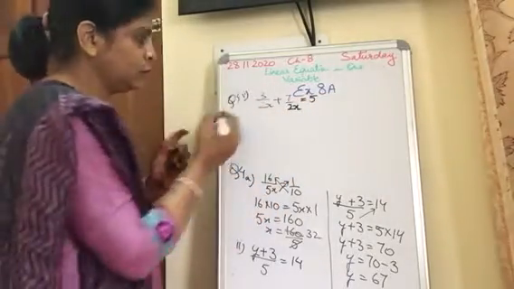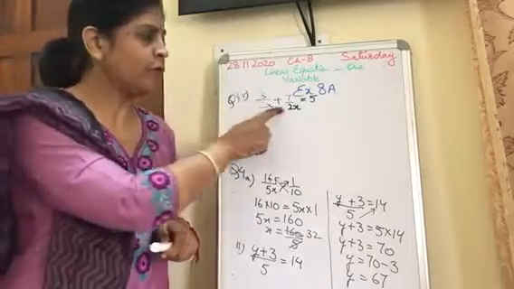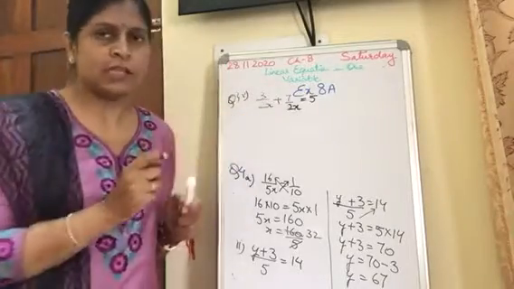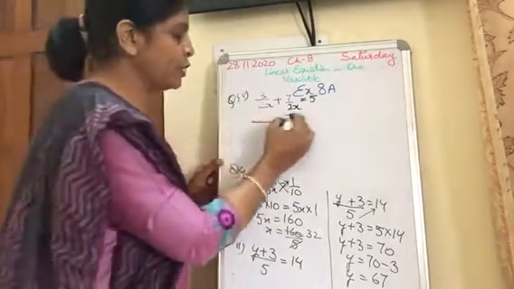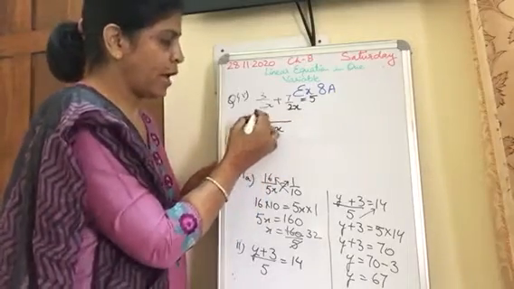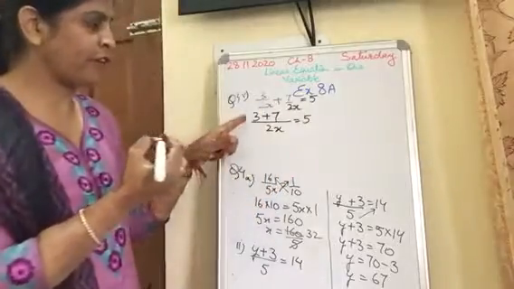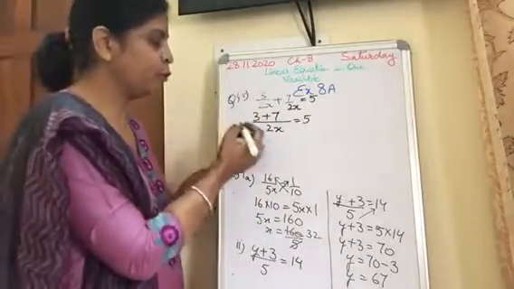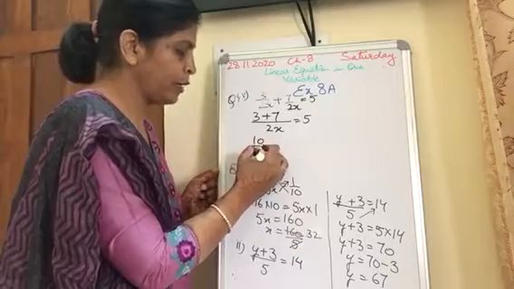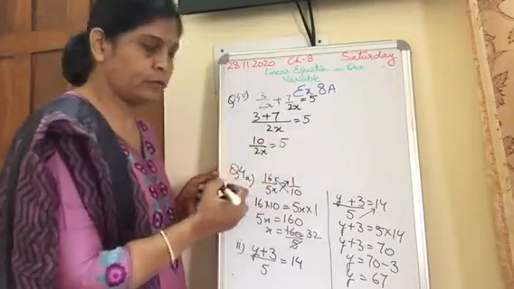Now you can see that the denominator is the same, 2x and 2x. So when the denominator is the same, you take the LCM as 2x and just add the numerators. Now 7 plus 3. When you add the numerators, it will be 10 upon 2x equal to 5.